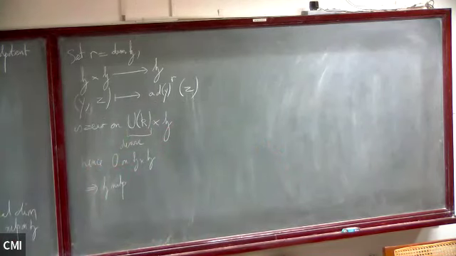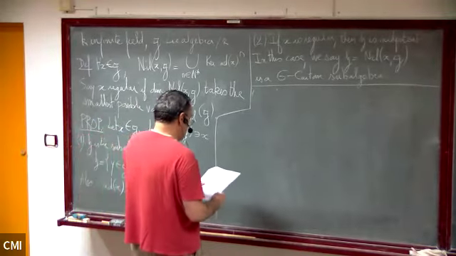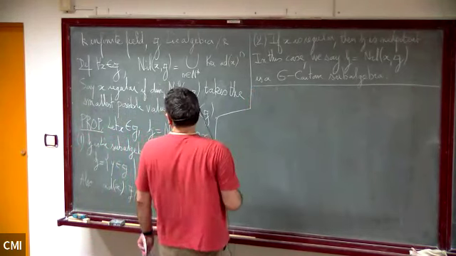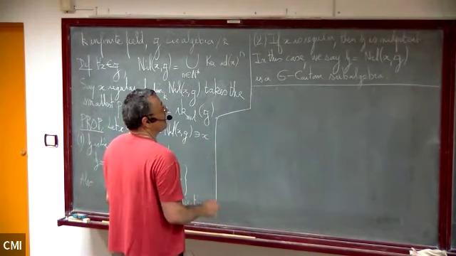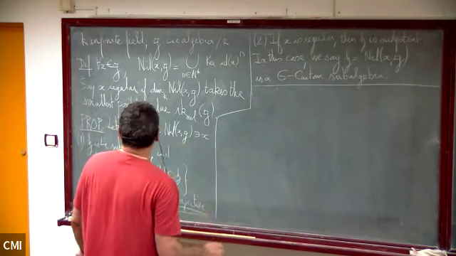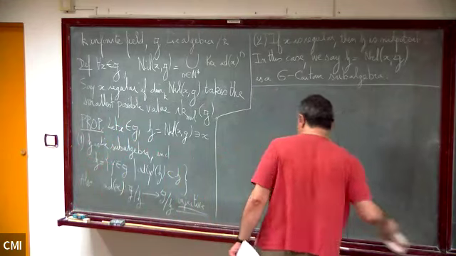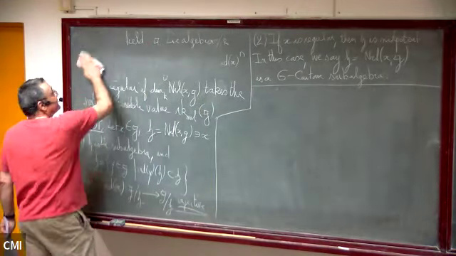Okay, so we have this proposition, and so now we have at our disposal those G-Cartan subalgebras, which are nilpotent subalgebras equal to their own normalizer. Okay, so I will erase this.